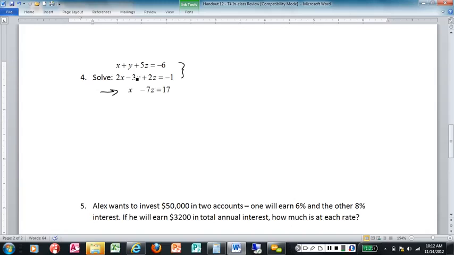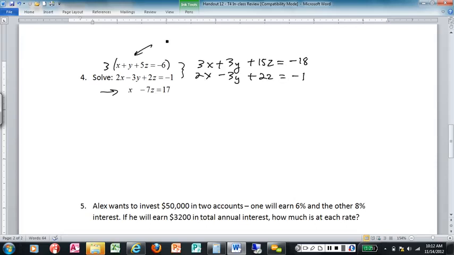Just to get rid of the y's here on the first two, multiply the top one by 3: 3x plus 3y plus 15z equals negative 18, to go along with the 2x minus 3y plus 2z equals negative 1. Again, like I'm saying, I'm eliminating the y's on the top two, because that'll go with the third one.